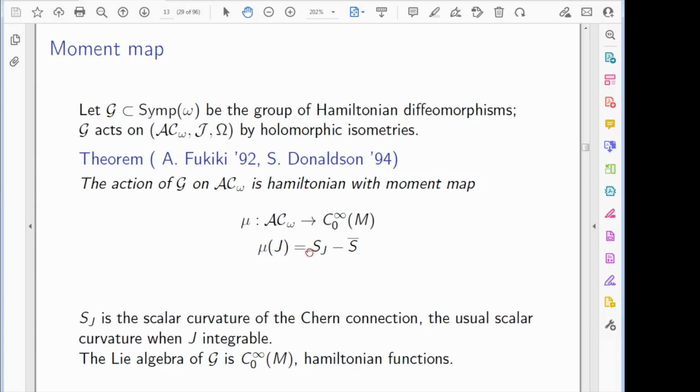This formula is just projecting the Levi-Civita connection onto the connection which preserves J. So you take the curvature of this and the trace on the first two entries of the curvature and the last two entries, and it gives you a scalar curvature, which is what's used as the moment map in that case.